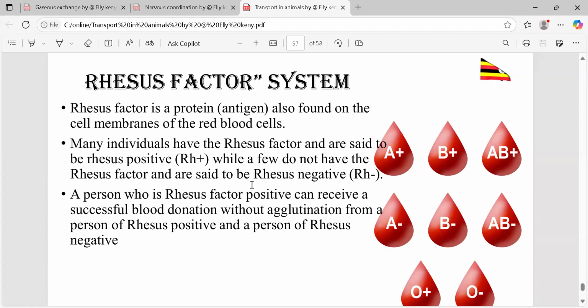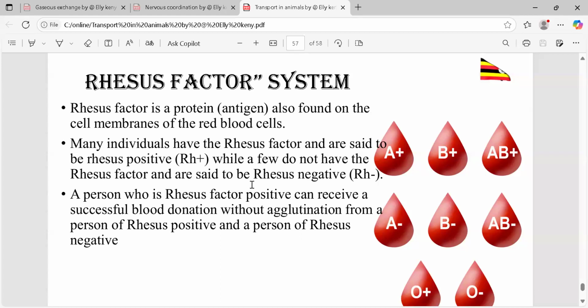However, the second time the mother who is rhesus factor negative carries a baby who is rhesus factor positive, it will lead to a miscarriage. Why? Because this baby who is rhesus factor positive shall be seen as a foreign body, fought by the mother's antibodies, leading to a miscarriage or an abortion.